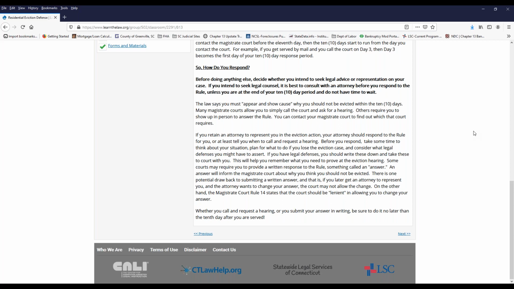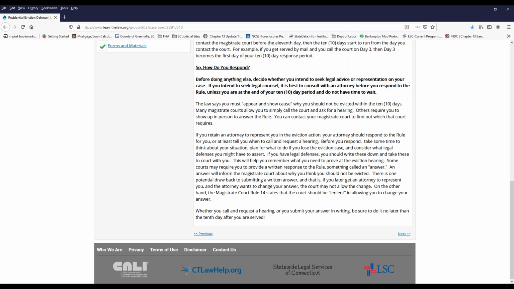Because if you go ahead and contact the magistrate court, they're going to schedule a hearing, and that may prevent you from certain rights like requesting a jury trial. And so it's best to go ahead and use the 10 days to seek legal counsel if you intend to do so. Because if you do retain an attorney to represent you in the eviction action, the attorney should respond to the rule for you, or at least give you guidance about how to respond.